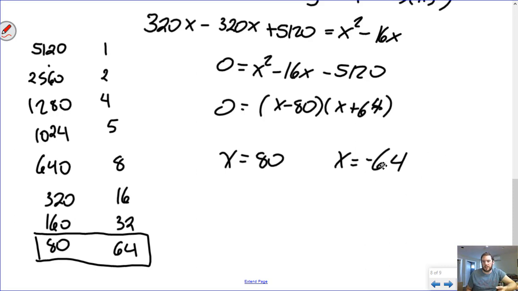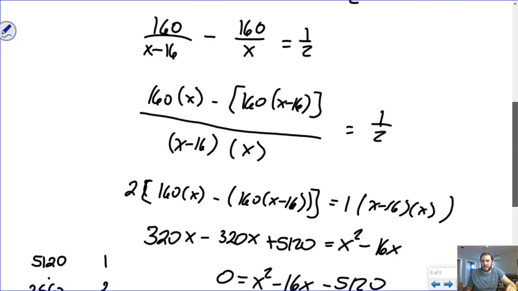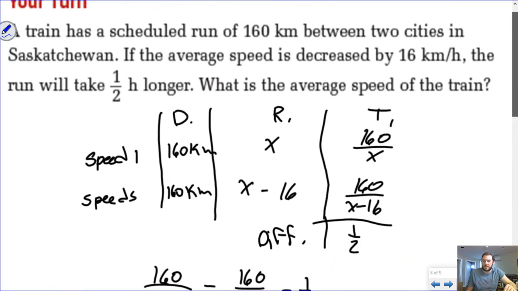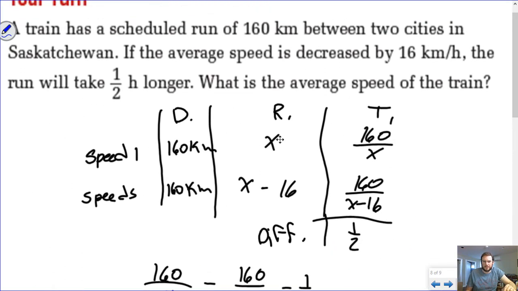But again, in the context of the question, negative 64 doesn't make sense. In fact, if you were to take negative 64 and try to figure it out, what that's telling us is that the speed there is going backwards 64. And if I took negative 64 and subtracted 16, I get negative 80. So I still get 80 and 64.